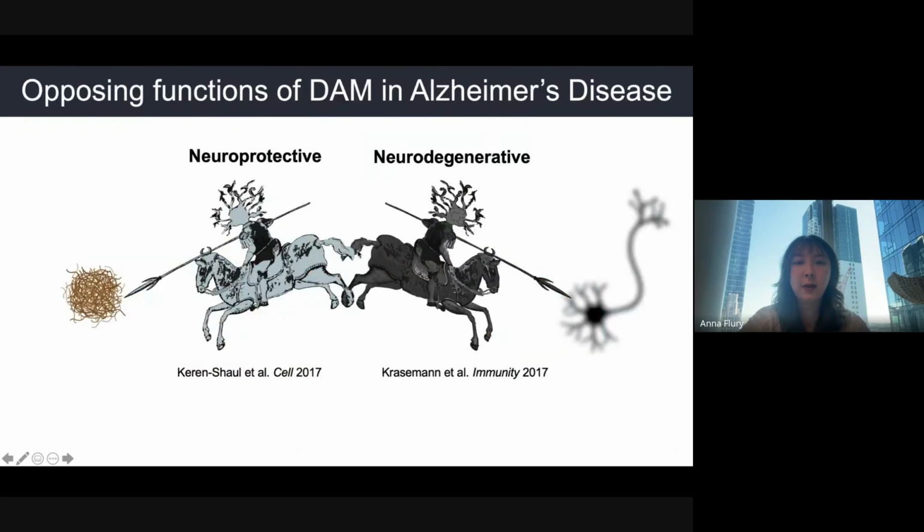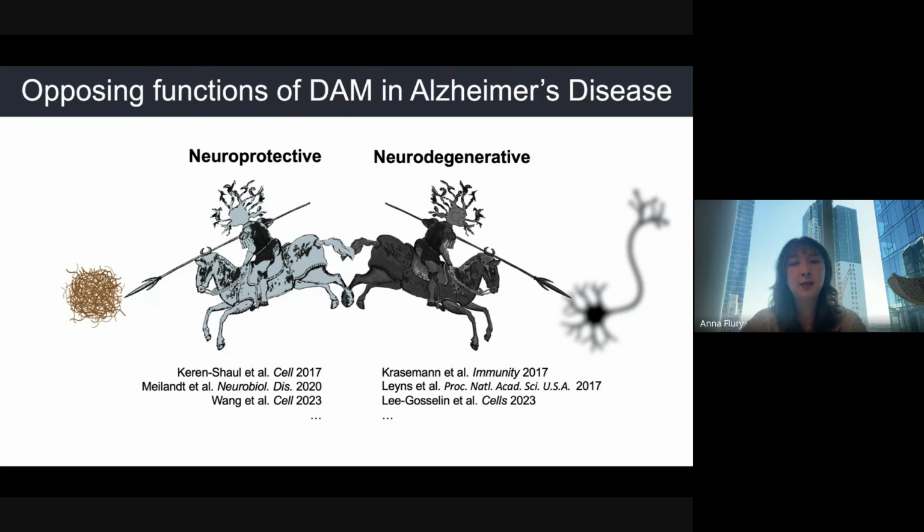And what's interesting about them is that they have purported opposing functions. The two groups that originally described them described them in different manners. One group purported a more neuroprotective role, perhaps in containing amyloid plaques, and the other purported a more neurodegenerative role, actively driving neuronal cell death.